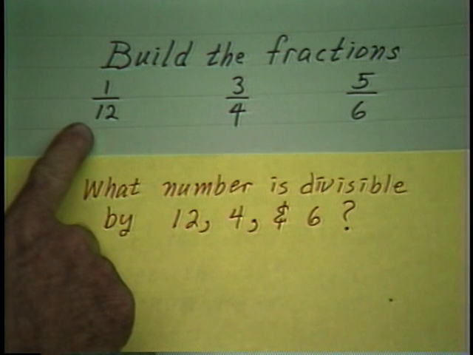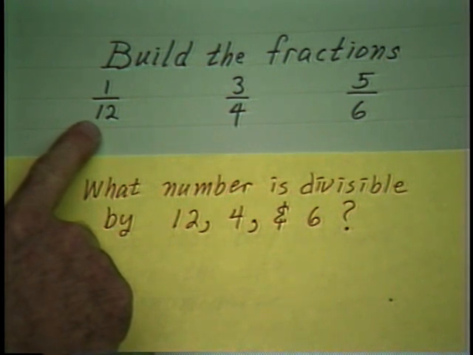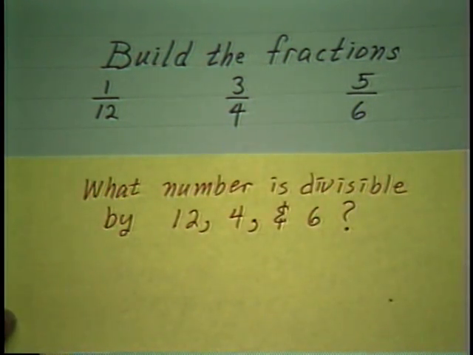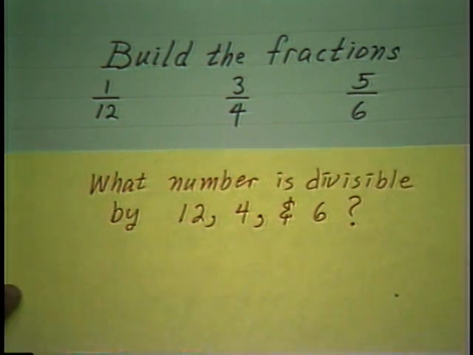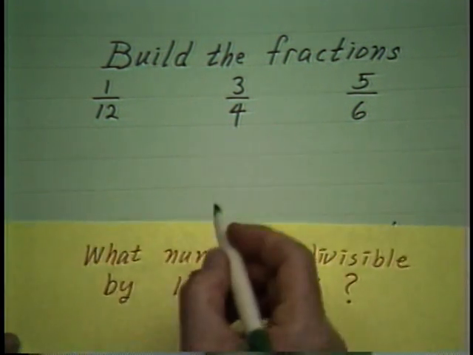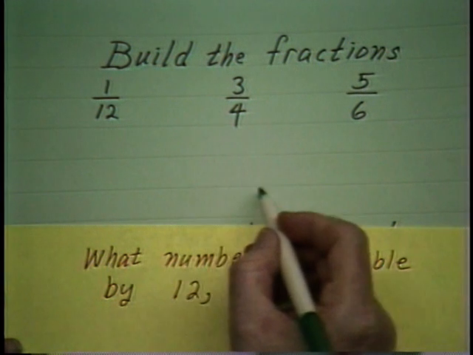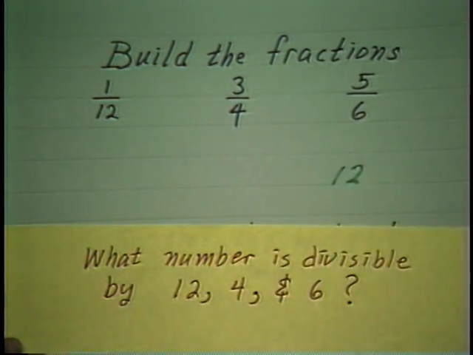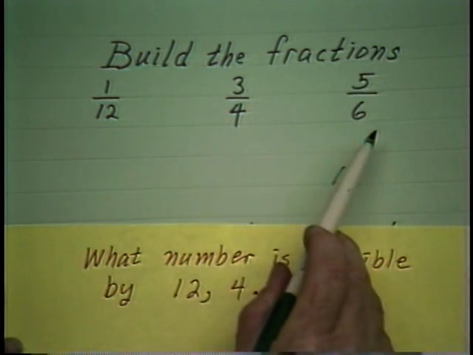Certainly it has to be 12 or larger, since 12 is the smallest number divisible by 12. Now this is simple enough, it won't take too much thinking to realize that the number is. Let's make a note of that. 12 is the lowest number that all three of these will go into.